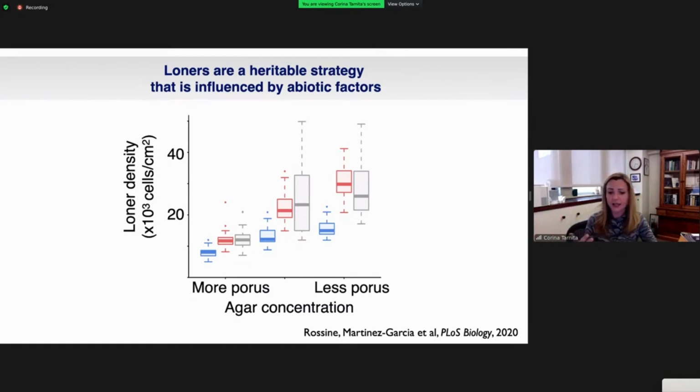But because these amoebae live in the soil, the porosity of the soil surely is an important element of their usual environment. And so we could think of agar concentration, perhaps imperfectly, as a proxy for something that they would encounter as they live in their natural conditions.